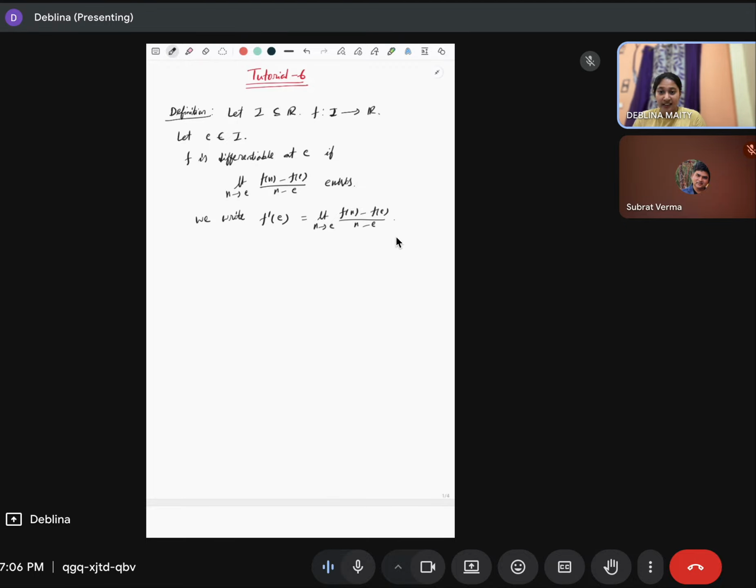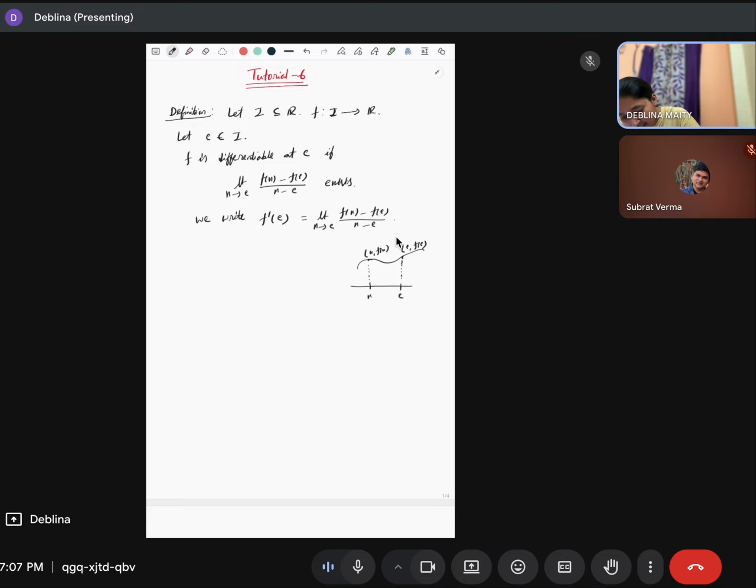Okay, and this term, (f(x) minus f(c)) by (x minus c), is nothing but the slope of the line segment joining (x, f(x)) and (c, f(c)). So if this is our f(x), and this is some c, this point is (x, f(x)) and this point is (c, f(c)).